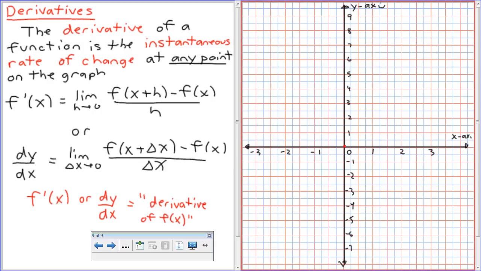First here, so there's (0, 0), (1, 1), (2, 4), (3, 9), (-1, 1), (-2, 4), (-3, 9). I'm going to bring out my trusty rusty ruler right now.